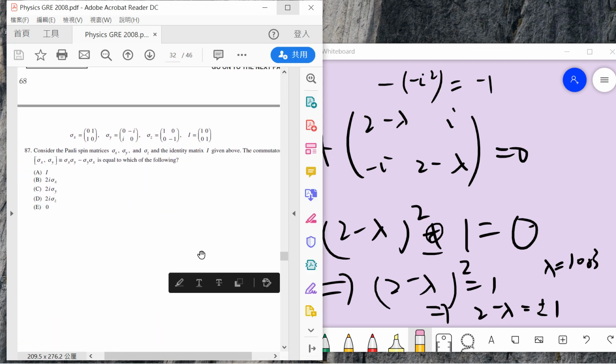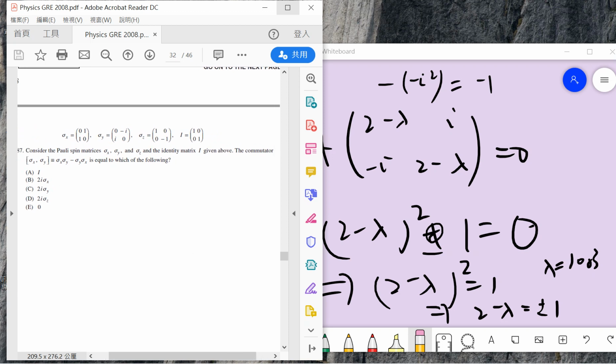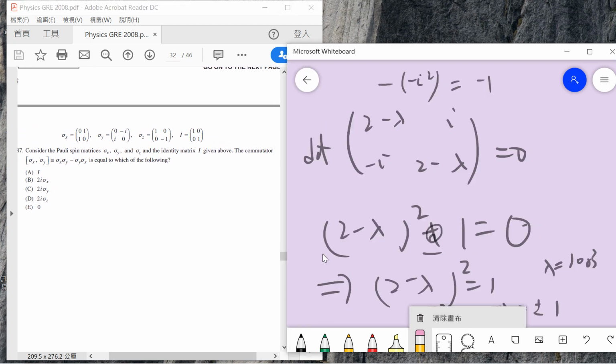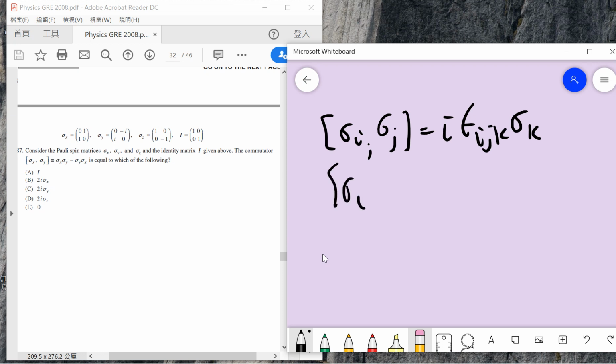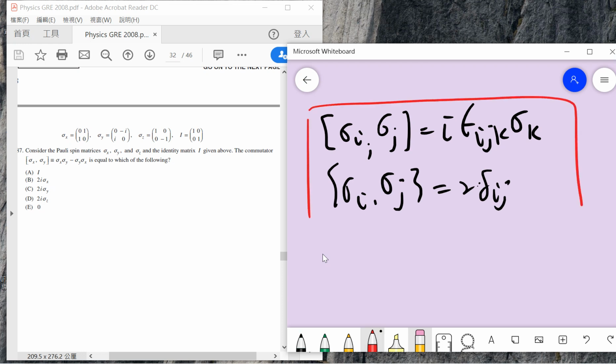Okay. So 87 is an easy question. Why? Because it already tells you the Pauli matrices. If you see the recent physics GRE, sometimes it does not tell you the form of the Pauli matrices. You need to remember it by yourself. You can calculate, but I suggest that you remember this, because physics GRE somewhat depends on memory. It should be the identity 2 by 2 matrix.